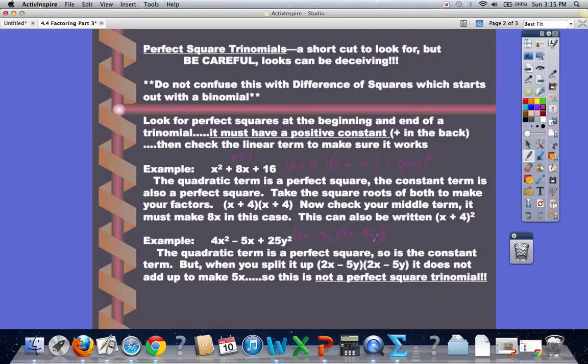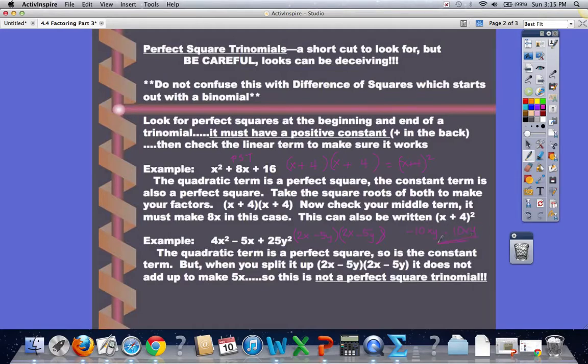Now we must check to see if it makes the middle term when we multiply it out. Well, when I multiply this, I get 2x times a negative 5y, which makes a negative 10xy. And then I multiply the middle. Negative 5y times 2x makes another negative 10xy.